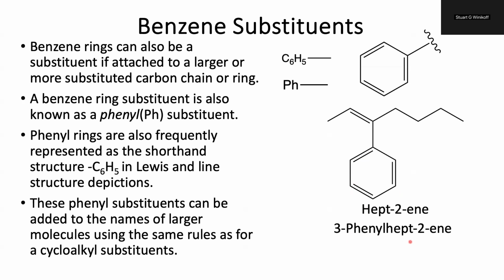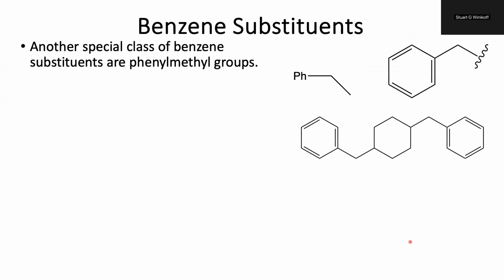However, there is another special subcategory known as the phenylmethyl groups. So this is where I have a benzene ring attached to a CH2 linker attached to the larger molecule. As you can see here, I have 2 of these phenylmethyl groups attached to a central cyclohexane.